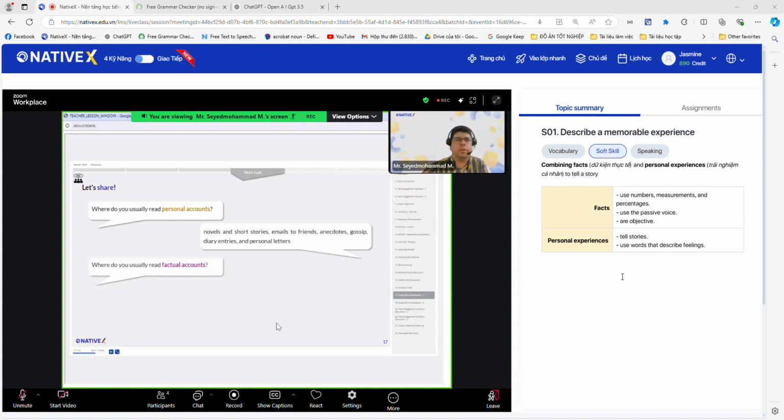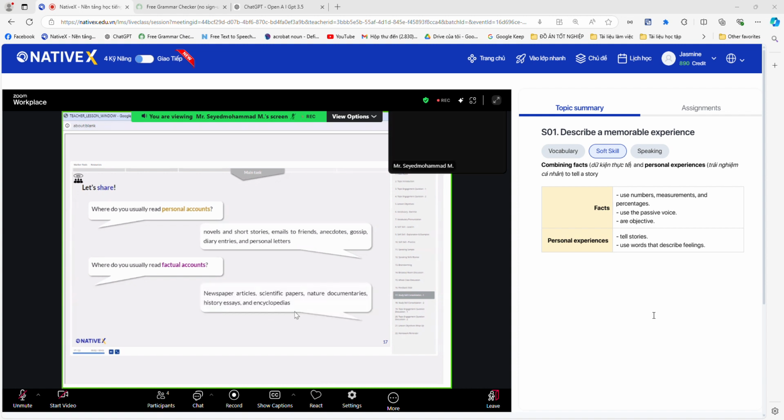Very good job. So, Miss Fuang, where do you usually read factual accounts? I usually read factual accounts in newspaper, magazine. Okay. And?